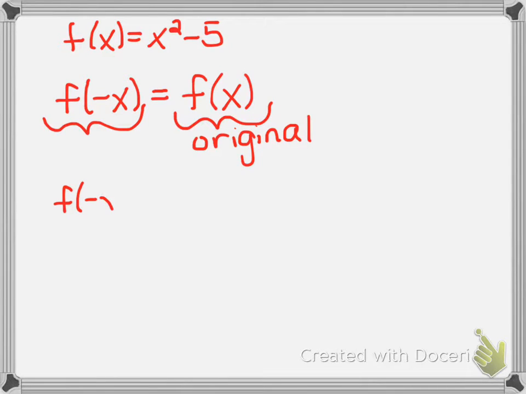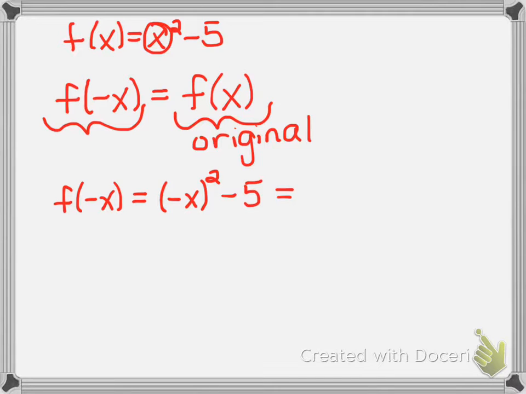We plug -x into the equation. So I'm going to take my equation, replace x with -x, so that's this part right there, and then it gets squared in the equation, and then a -5. And then I simplify. When you take that -x and you square it, what does it become?